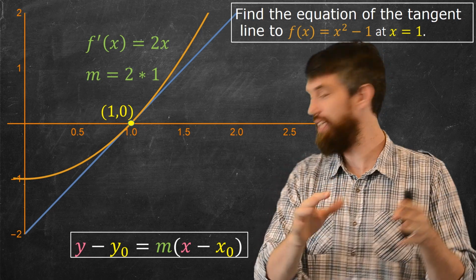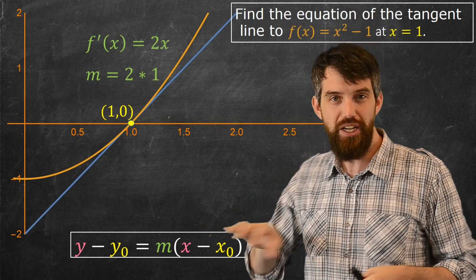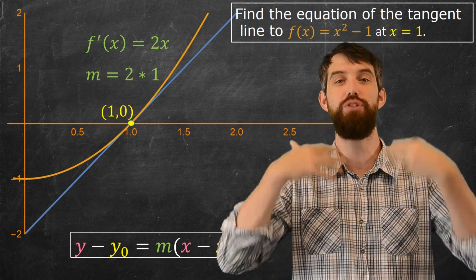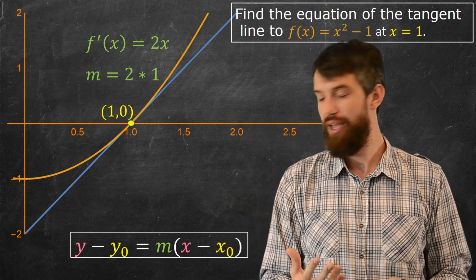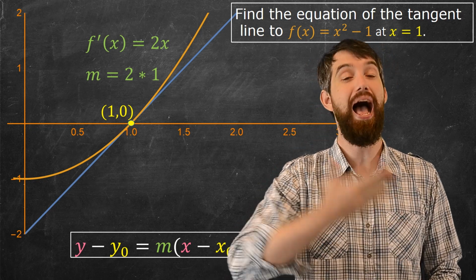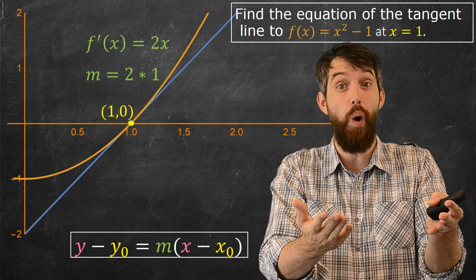Now, before I plug these into this formula, I'll note that I can modify this formula when I'm talking about tangent lines, when I also have notions of derivatives lying around. In place of the m, we're going to put just the derivative at the point of interest, in this case the derivative at 1.